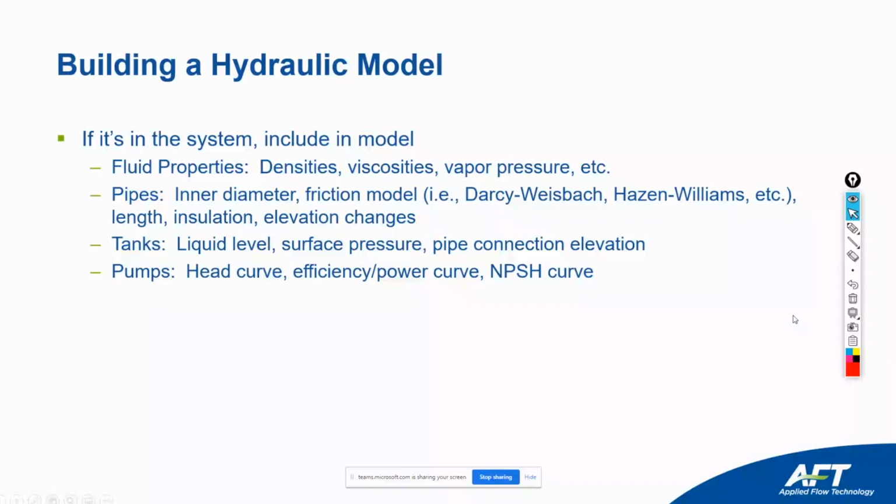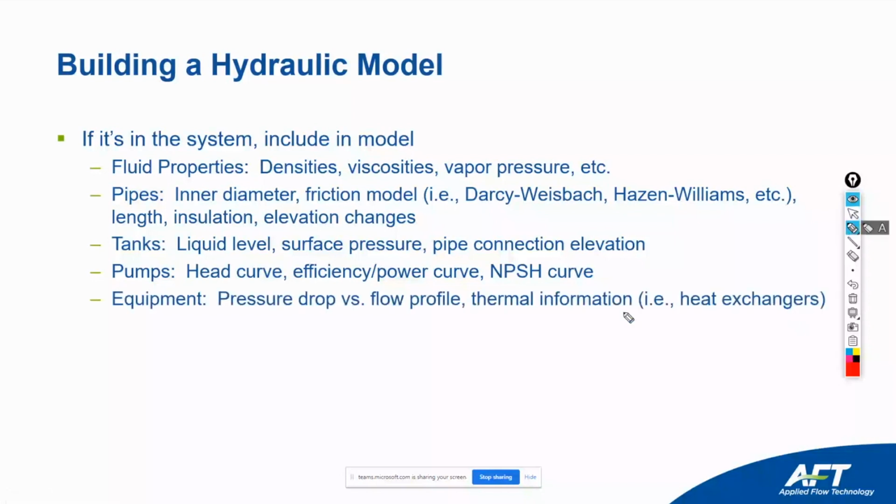And then when you're doing a hydraulic flow model, keeping things a bit more simplified is certainly a good practice to take. A lot of times if you're trying to model complex pieces of equipment, simply specifying the pressure drop versus flow profile as a resistance curve is a really good way to capture the hydraulic losses through those devices.